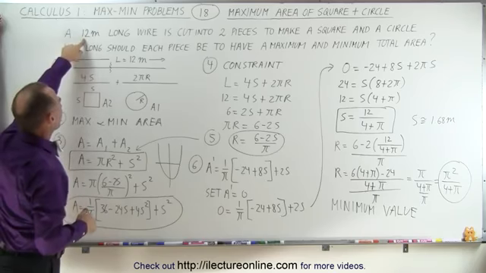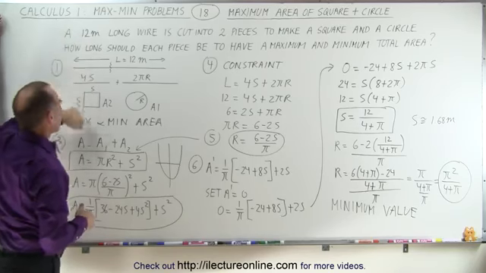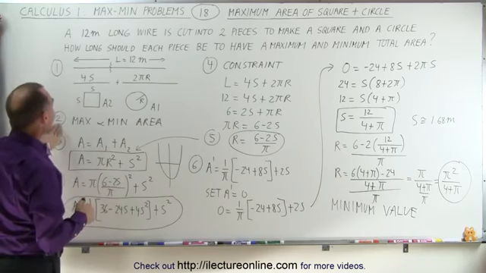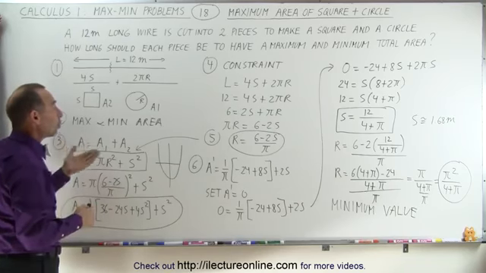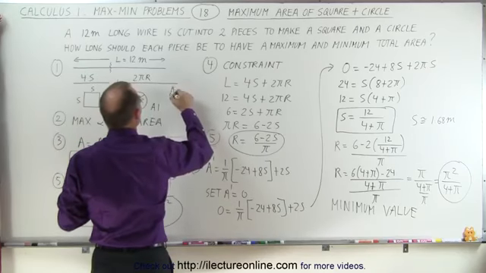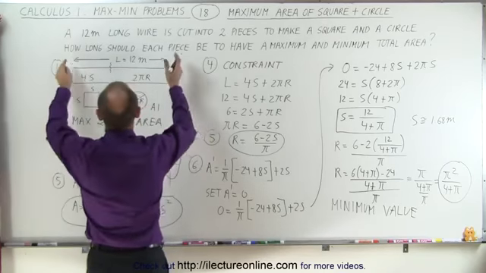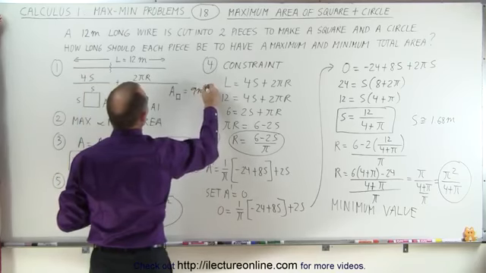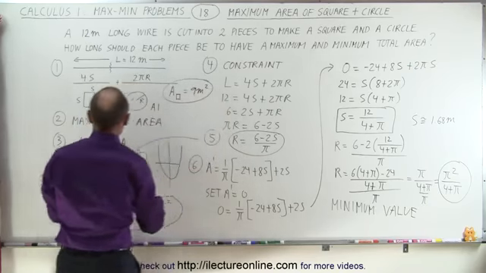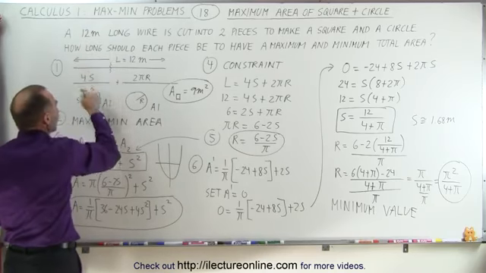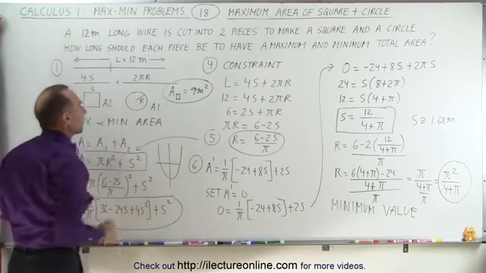Well, since the wire is 12 meters long and there's 4 sides, each side would be 3 meters, and then the area would be 3 times 3 or 9 square meters. Again, we have 12 meters of wire, divided by 4, that's 3 meters for each side, 3 times 3 is 9.